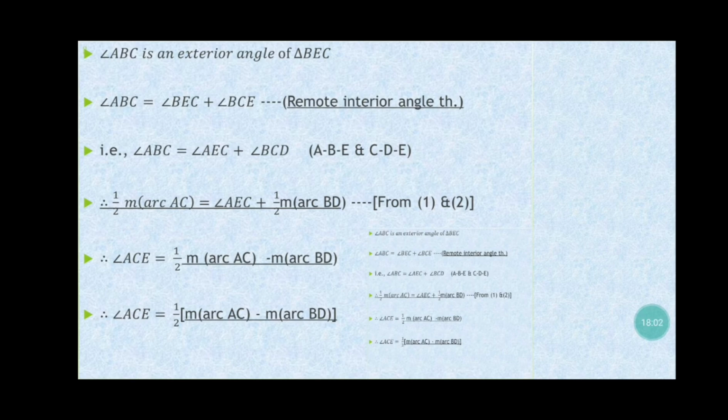So angle ABC will be equal to angle BEC plus angle BCD. So I'll substitute the arcs now. So what will be the measure of angle AEC? The measure of angle AEC will be equal to half of measure arc AC minus measure arc BD.